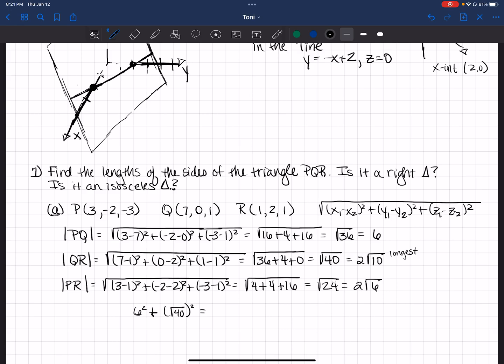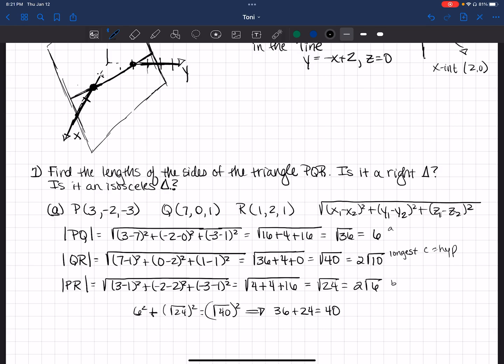This would be A, this would be B, and that would be C, the hypotenuse. Okay, so I need to know if 6 squared plus the square root of 24 squared equals the square root of 40 squared. Well, let's see. 6 times 6 is 36 plus 24. Does that equal 40? No. So we're getting a no on the right triangle, and it looks like a no on the isosceles.